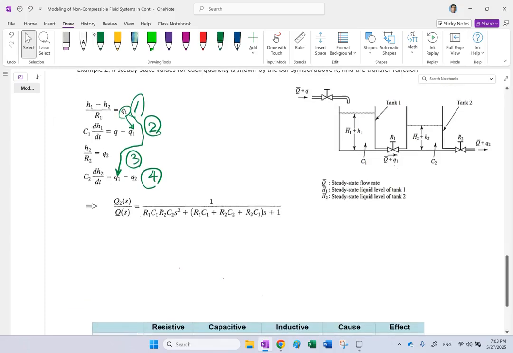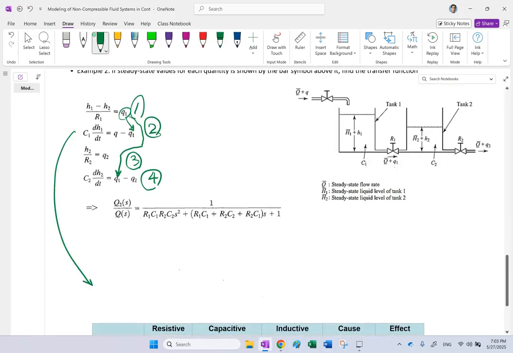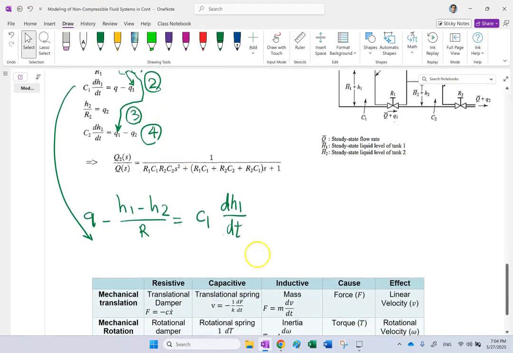So now your equations are going to be basically, and if you cross multiply them, you get H1 minus H2 over R, right? And Q minus that is equal to C1 d of H1 over dt. That's equation number 2, the new version of it.